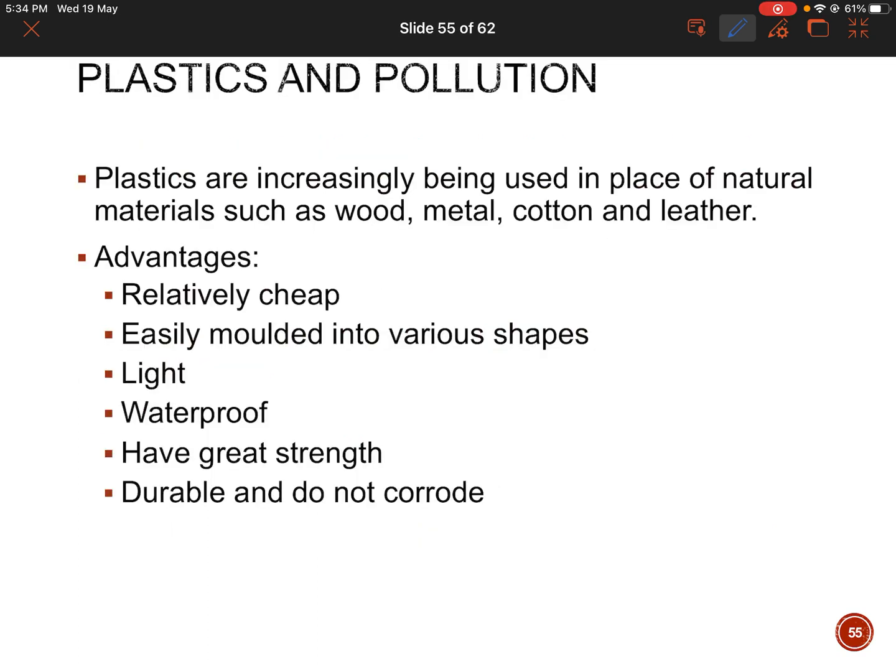And the last part of this whole module on polymers is about plastics and pollution. All these polymers are actually plastics, and we use them very commonly because they are so cheap and they have many properties that are desirable.